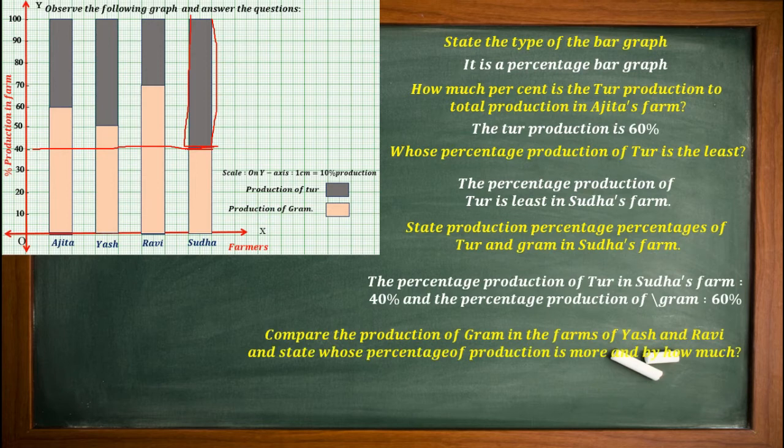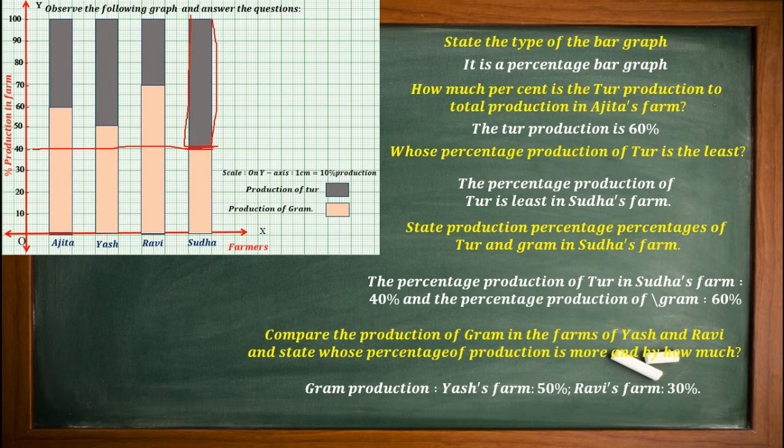Compare the production of gram in the farm of Yash and Ravi and state whose percentage of production is more and by how much. Okay, so the gram production in Yash's farm is 50% and in Ravi's farm is 30%.